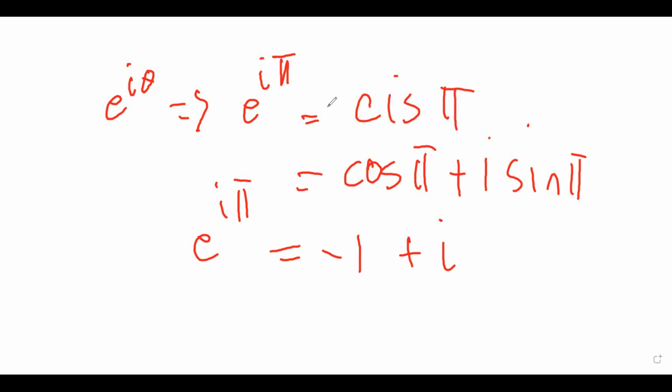So e^(i pi) is equal to -1 plus 0, or e^(i pi) plus 1 is equal to 0. It contains all the numbers, a real number, an imaginary number, the Euler number, and so on. I'm showing this because it is regarded as the most beautiful equation, since it contains everything.